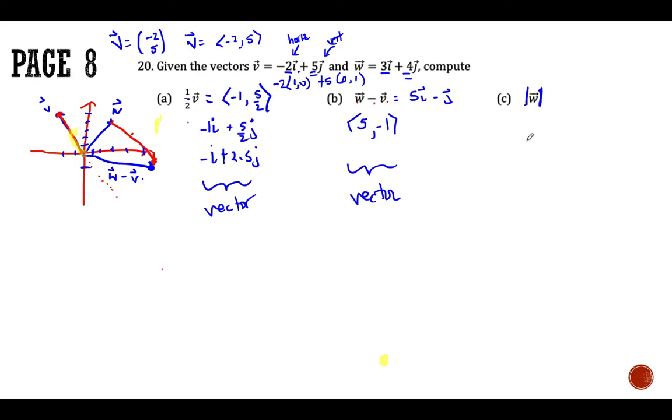And this is not a vector. The magnitude of a vector is a distance, therefore it is positive. And it's not a vector, it is a value or a number. Okay. So I'm going to erase some of the things on my drawing.